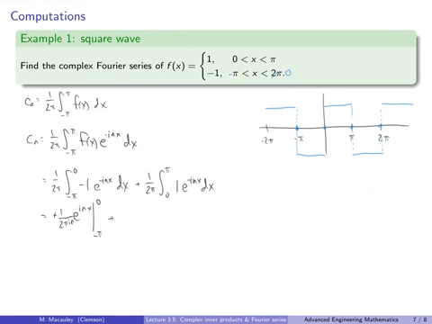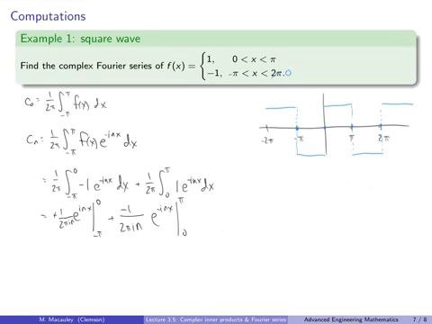And now plus 1 over 2 pi, and now we have to divide through by this constant i n, and then a negative sign goes there. And so we have e to the negative i n x from 0 to pi.